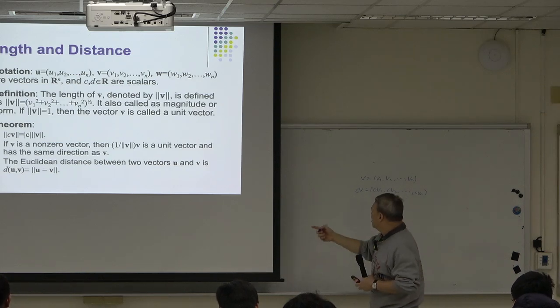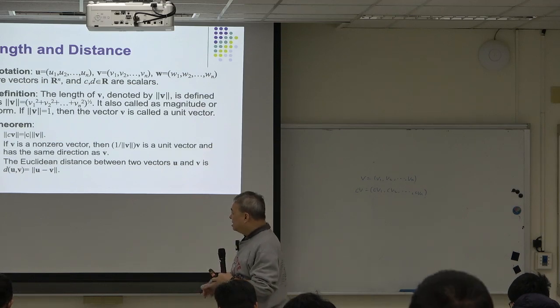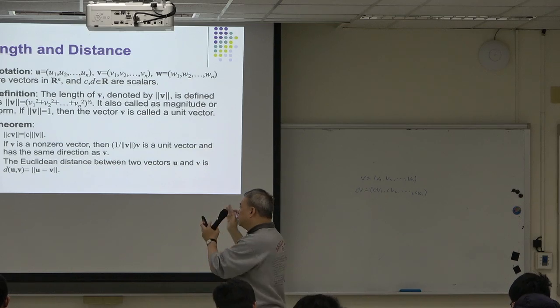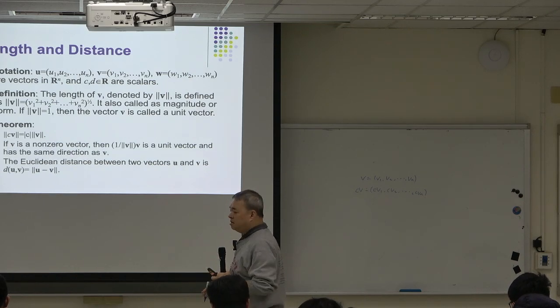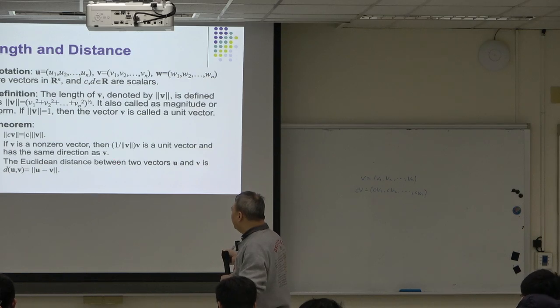And then you can easily verify the result: the norm of CV is going to be the absolute value of C times the norm of V. That's so easy, not much to talk about. If V is a non-zero vector, then 1 over the norm of V times V is a unit vector and has the same direction as V. We'll talk about this direction thing later.